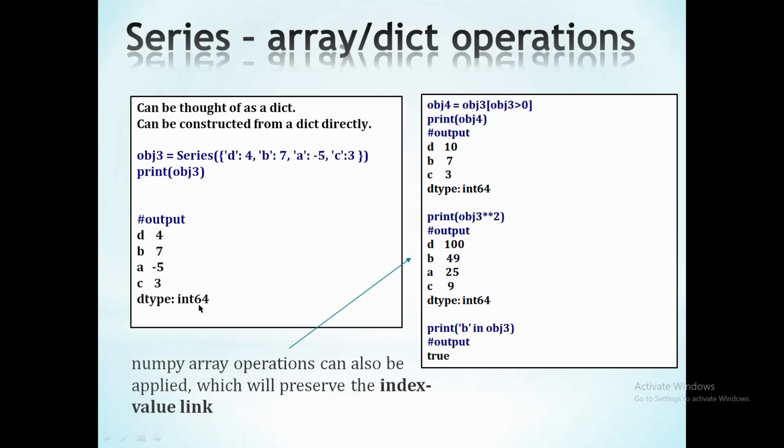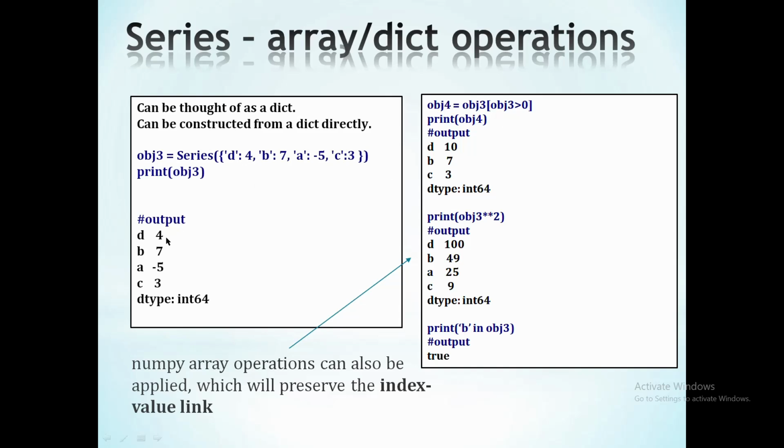So the numpy array operations can also be applied, and the index value link is preserved here. Here we are checking whether object 3 is greater than 0. Now we are assigning values to object 4 from the available data series, that is, the values which are greater than 0 will be assigned to object 4.